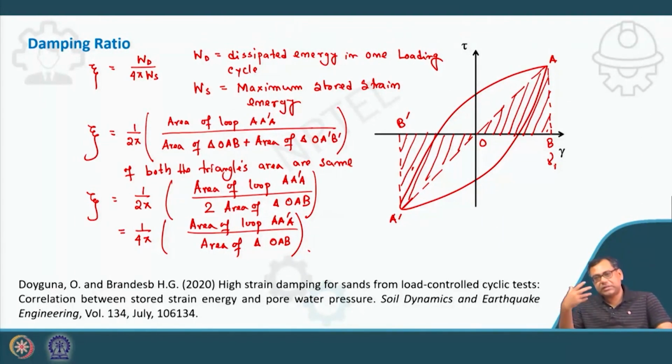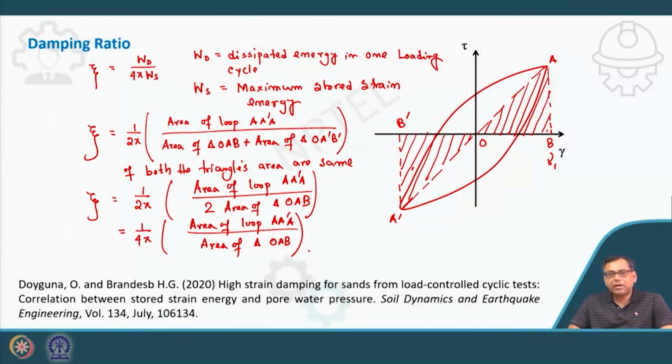And if it overestimates the maximum stored energy, then your damping ratio will be reduced. I will get a very low value of damping. So if it is a very high strain level condition, you have to be very careful before you use that equivalent linear approach to calculate the damping ratio.